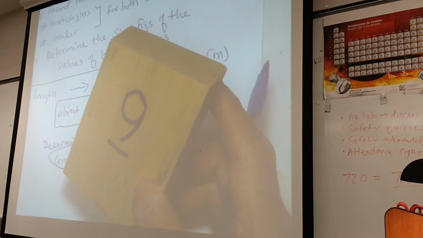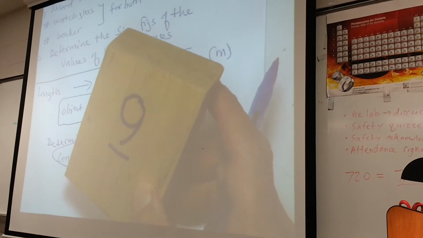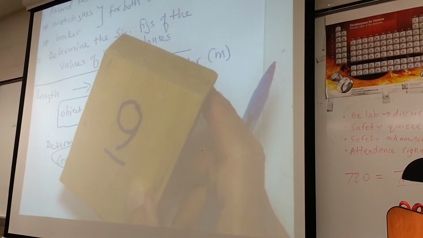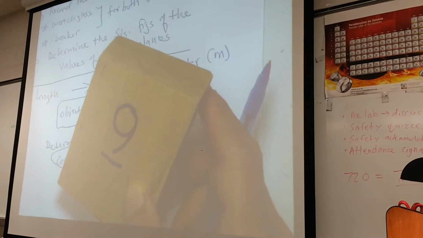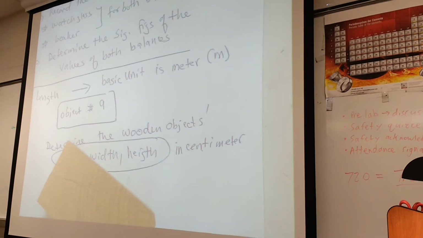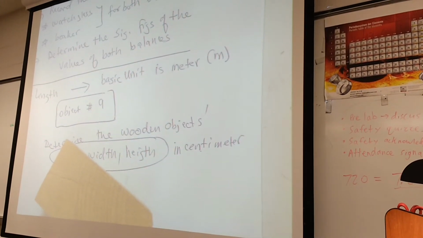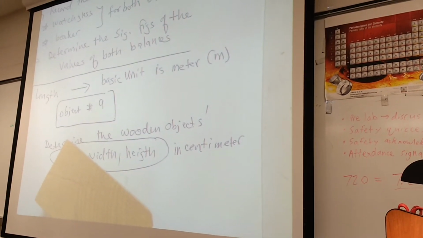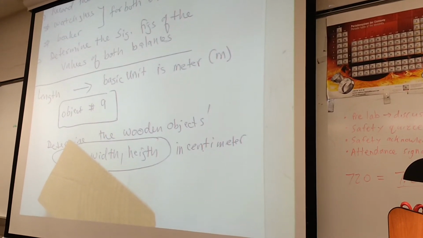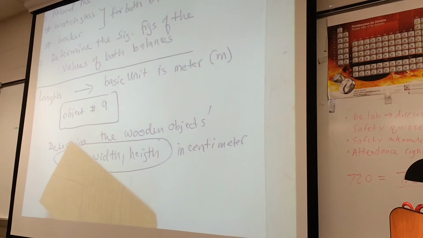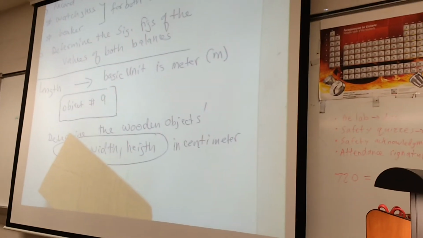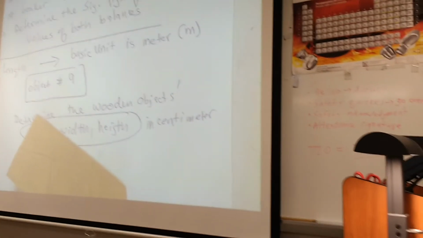I will ask somebody here in class to grab a ruler from a drawer and bring it to me, so we can measure it together. Now you can see this measurement with the ruler is very crude and not accurate. We have to have special equipment to measure the length, width, and height, which is much more accurate, a Vernier caliper, which looks like a wrench. That's much more accurate and precise than the ruler.